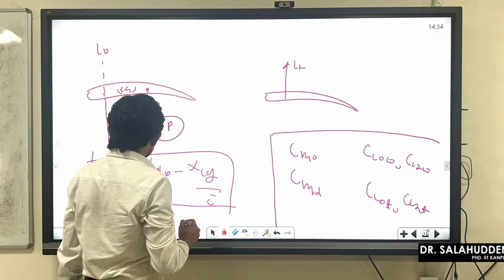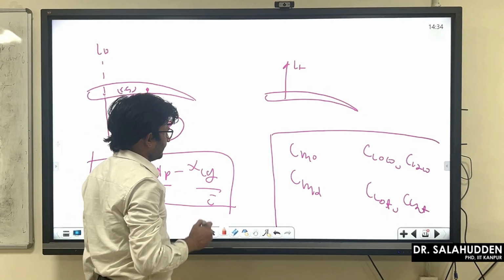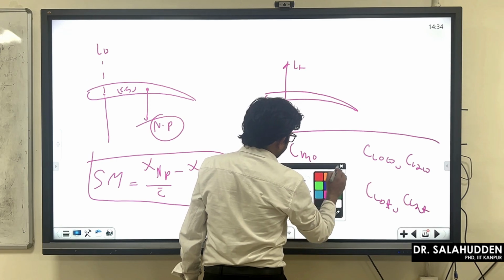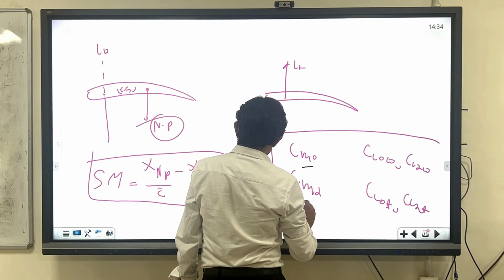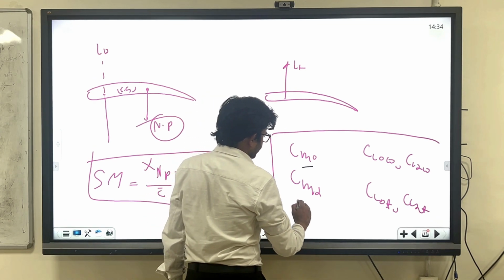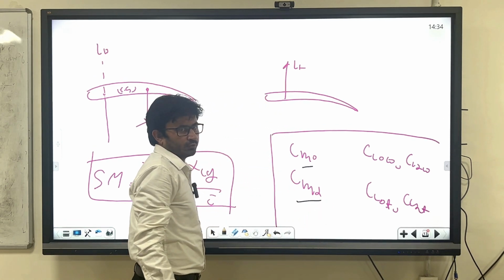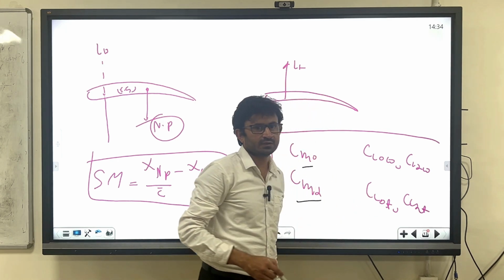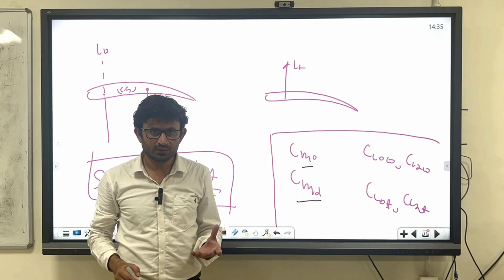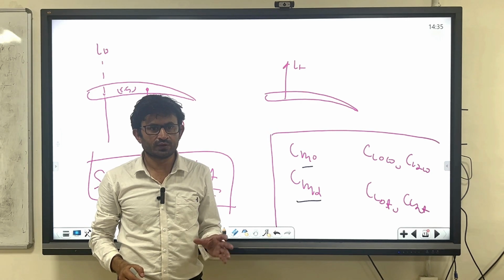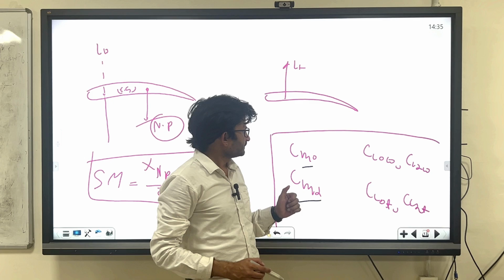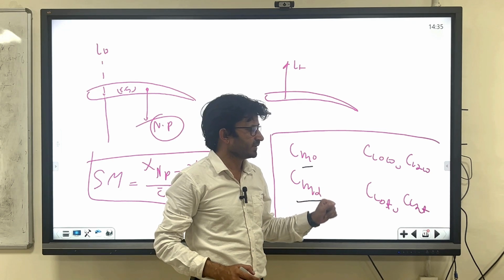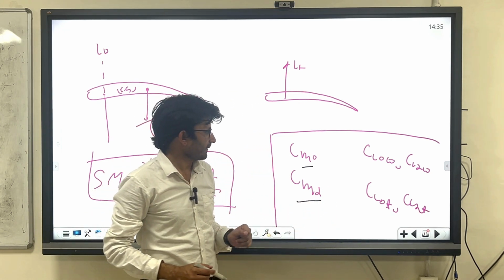So now you have the static margin, but can you notice one more thing here? Cm naught you have found out for the total aircraft, Cm alpha you have found out, but when you place the tail, the total CL naught will be different from the CL naught coming from the wing alone, and CL alpha will also be different.